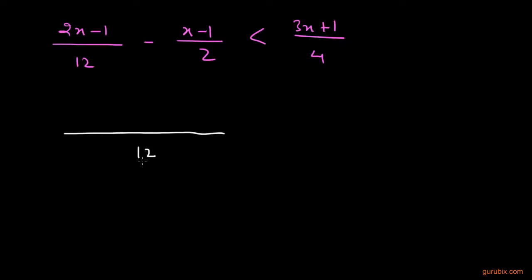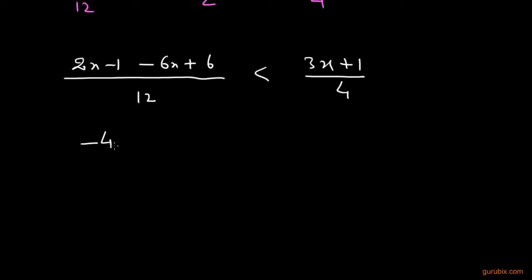If we divide 12 by 12 we get 1, and multiplying 1 with 2x minus 1 we get 2x minus 1. If we divide 12 by 2 we get 6, and multiplying 6 with x minus 1 we get minus 6x plus 6, which is less than or equal to (3x plus 1) over 4.